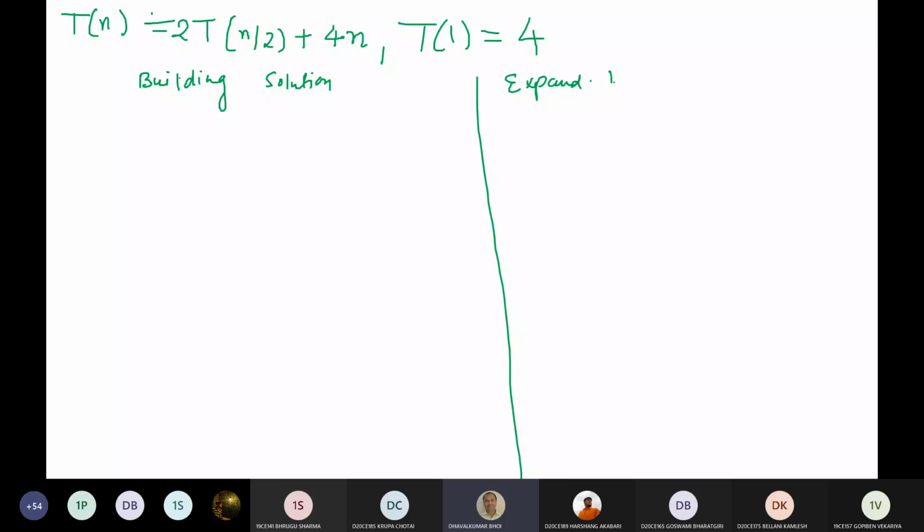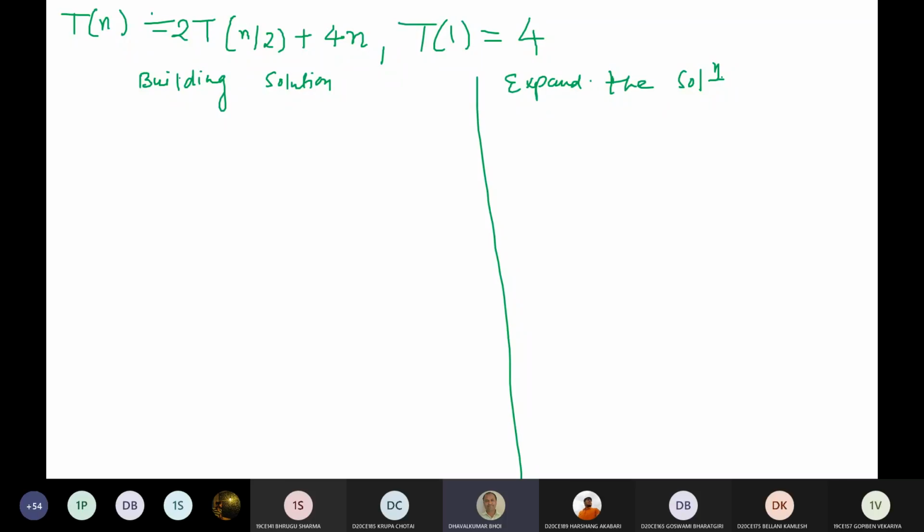Don't worry about these words; as and when I simplify this equation, you will come to know what I mean by building the solution and expanding the solution. I am just giving you the exact terminology that is used in the algorithm subject.